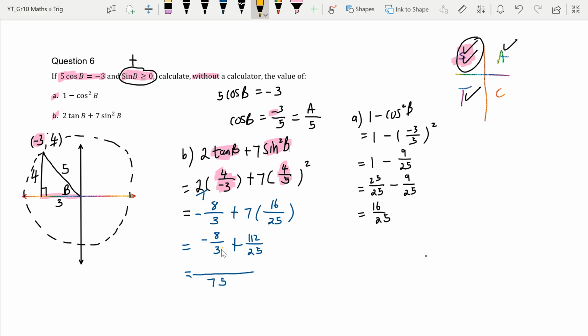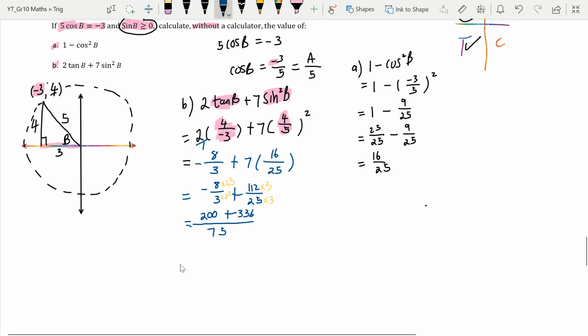So it means that I'm going to multiply this one by 25 and that one by 3. And if we do that, then we are going to land up with 200 there, and that gives us 336. And if we put that together, that will give us 536 over 75.